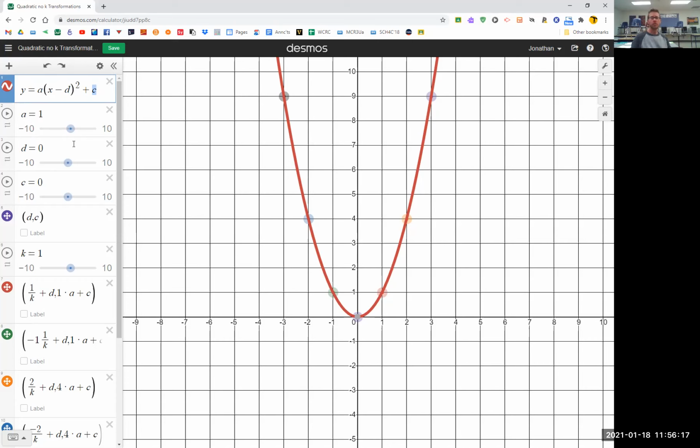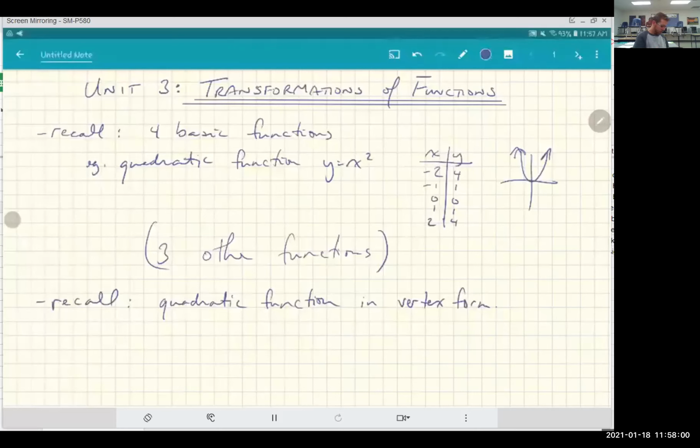So what I'm going to do is I'm going to pop up a different quadratic function, okay, with a different quadratic function equation. So I'm going to graph the function y equals 3 bracket x minus 2 squared minus 4, right?